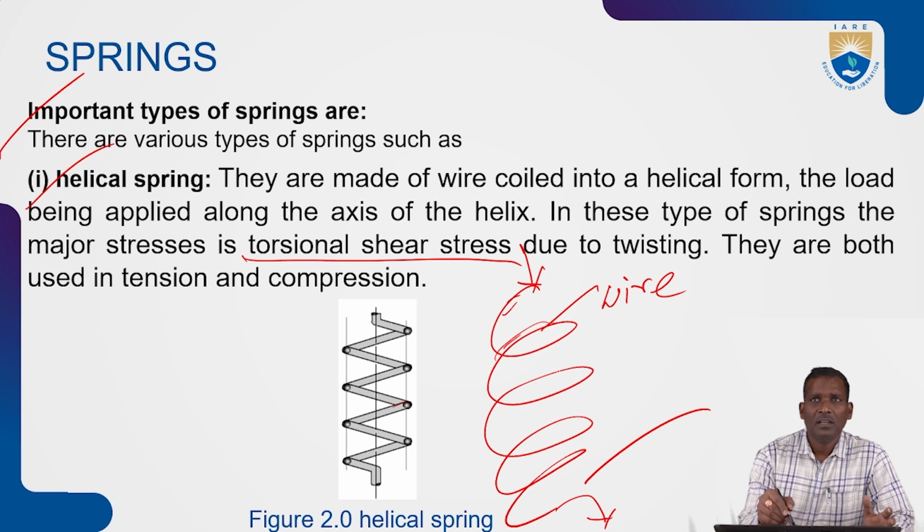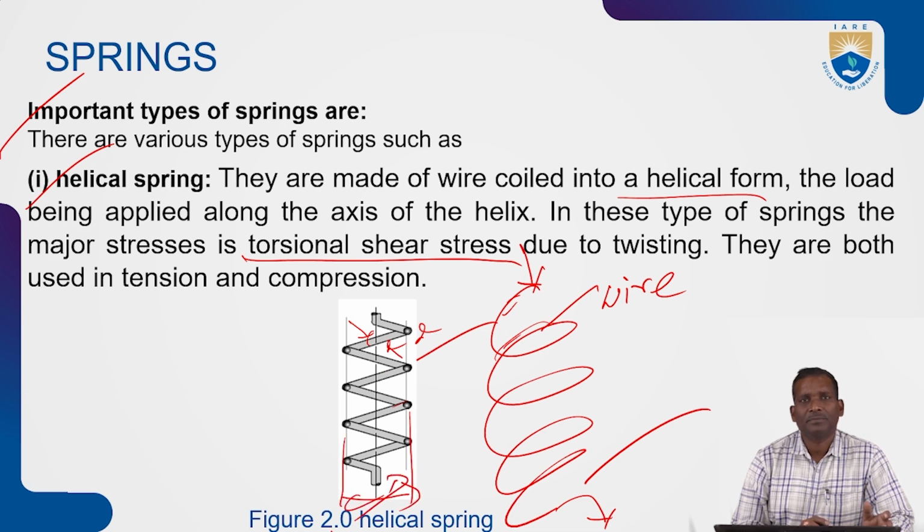The wire is wound in a helical formation, the wire coiled into a helical form. This is the wire diameter, and the coil diameter is capital D.